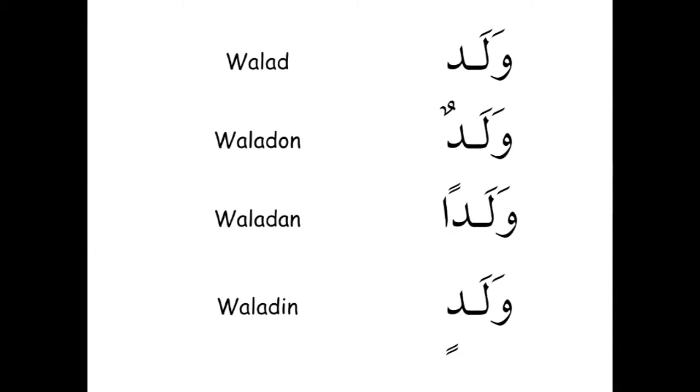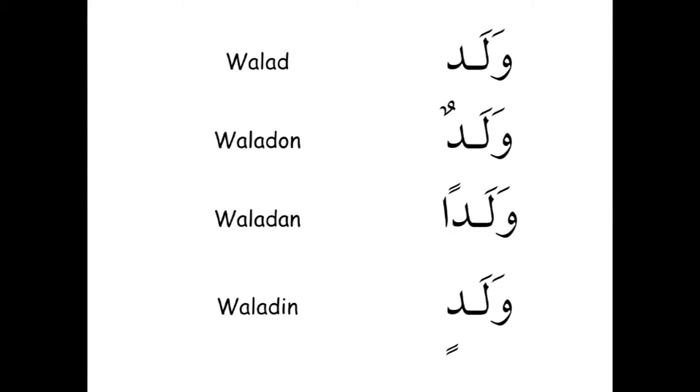So why did we add an alif that is silent? For the following reason. No matter what the vowel is at the end of the word, if you had to stop at that word, then the vowel becomes silent. So waladu would become walad. Waladun would also become walad. Walada would become walad. Waladan, however, when we stop at it, the alif becomes active now.